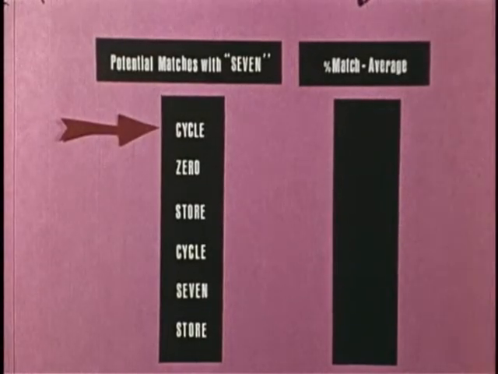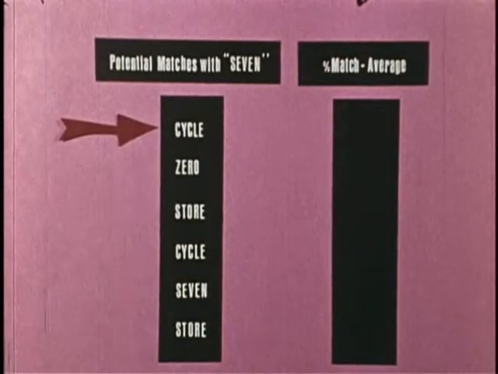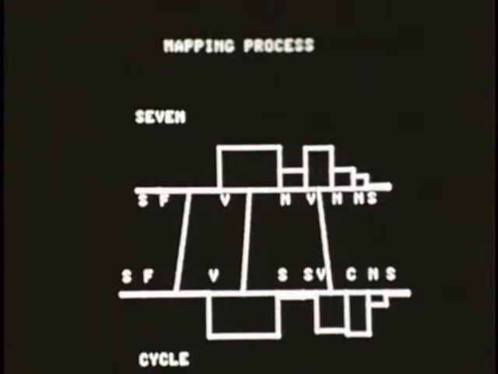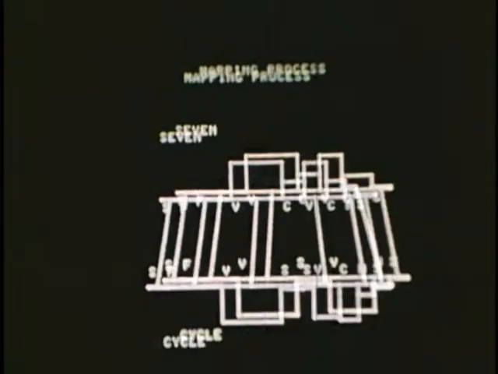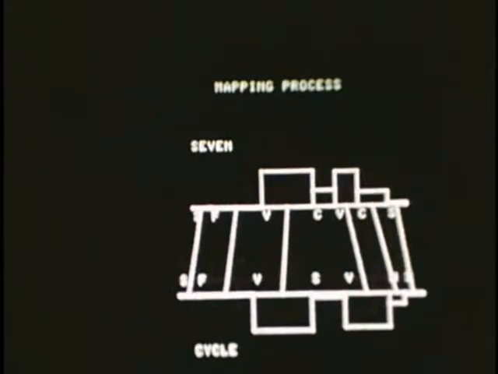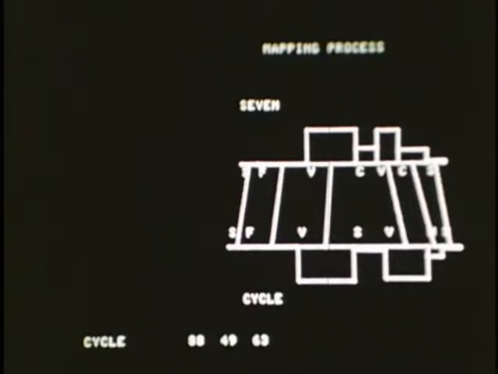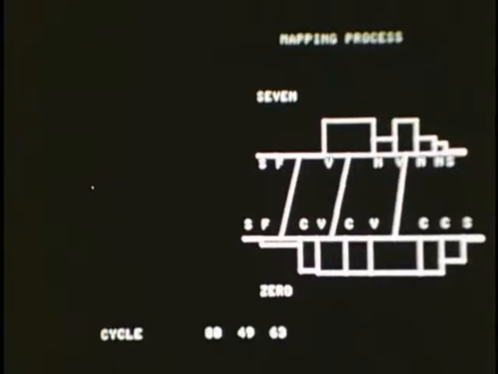Now we have to determine which one of these is most similar to the incoming utterance. Comparison with "cycle" yields a vowel similarity score of 88%, consonant similarity score of 49%, resulting in overall similarity score of 63%. The next candidate to be compared is rejected as being very dissimilar.